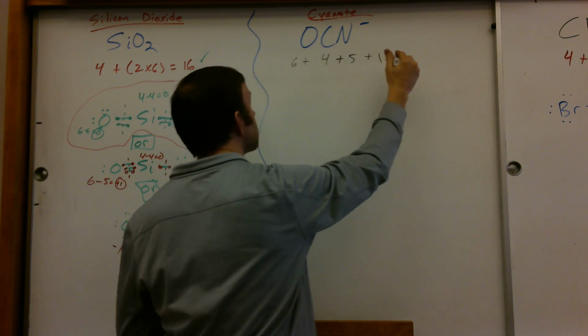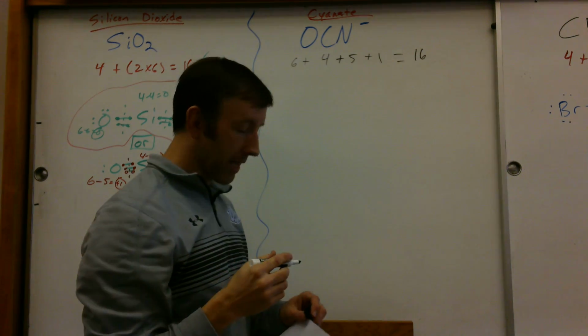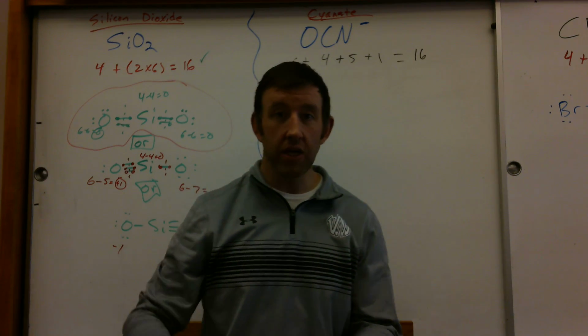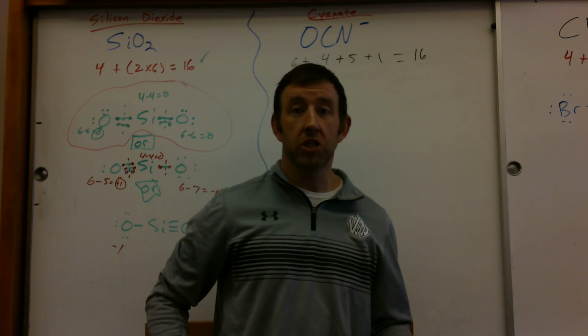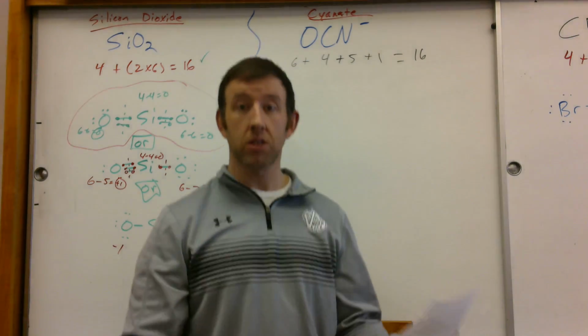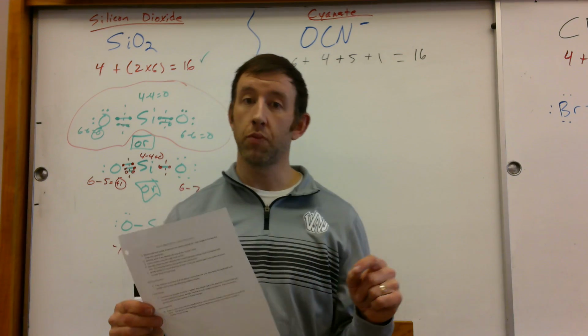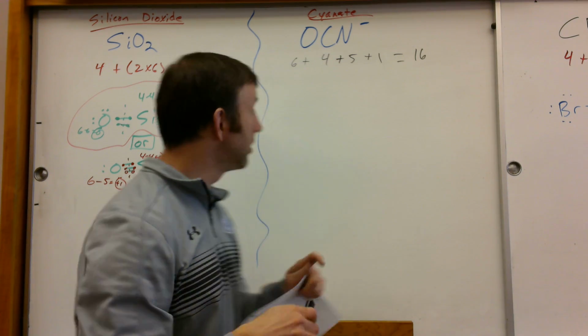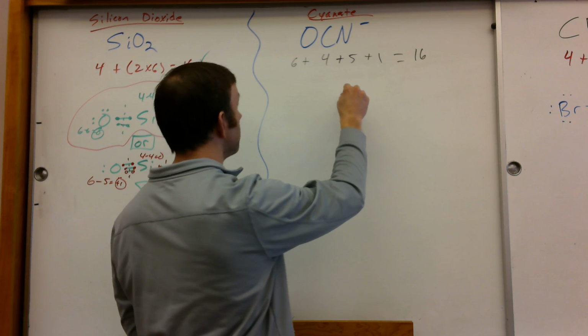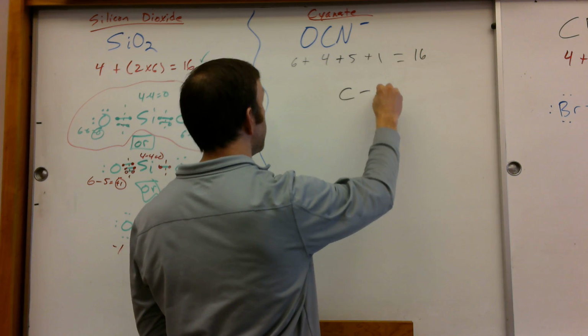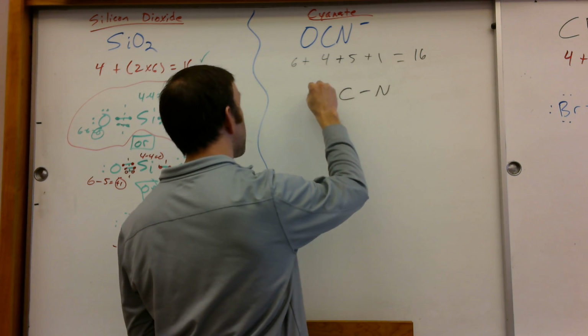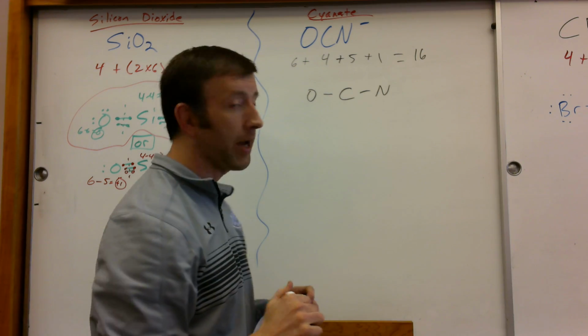6, 10, 16. Okay, now of those 3, which is going to be our central atom, the one with the lowest electronegativity, which using your periodic table you would find is carbon. I'm going to put carbon in the middle, and nitrogen there, and oxygen there. All right.